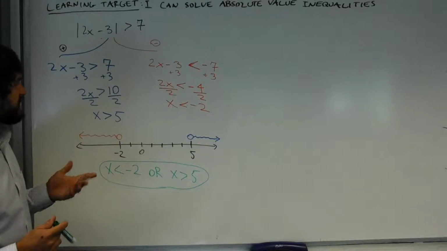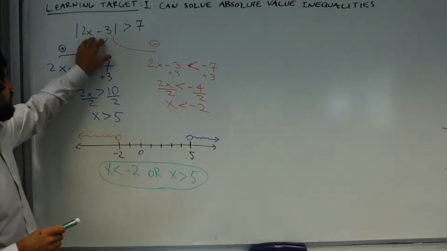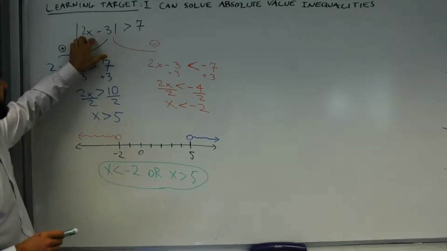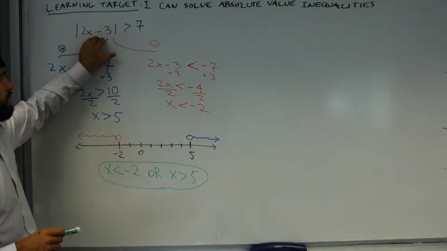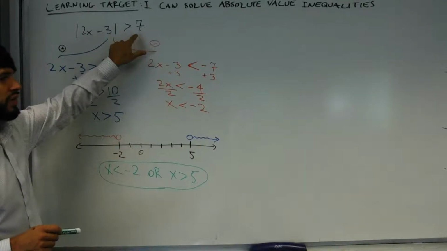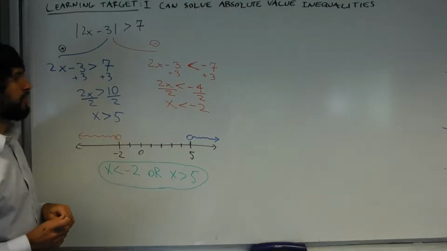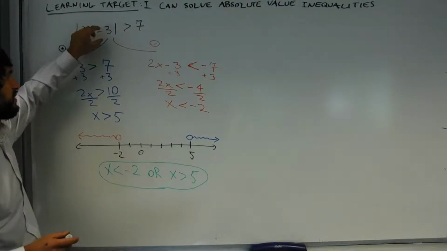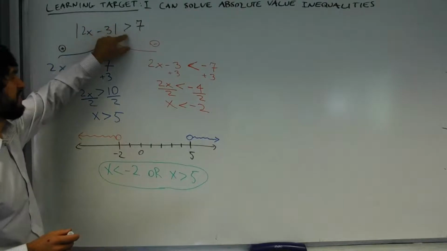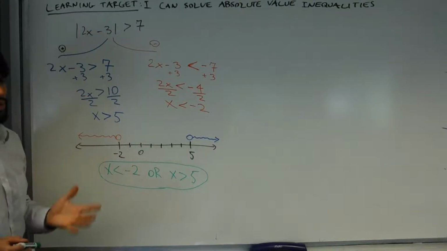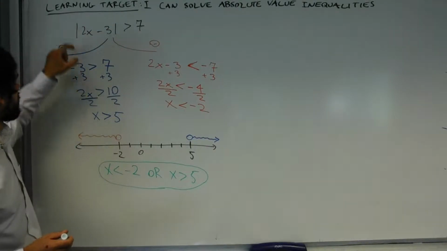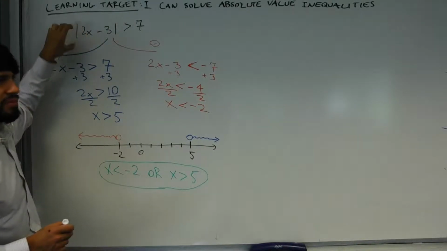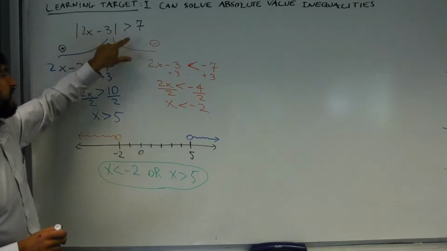This makes sense because if the absolute value of something is greater than some number, either this number has to be positive enough to overcome that 7. For example, if we plug a 10 in there, we get 2 times 10, which is 20, minus 3. So we'll get absolute value of 17 is greater than 7, which makes sense. Or the number has to be negative enough that once we hit it with the absolute value, it will be greater than 7.